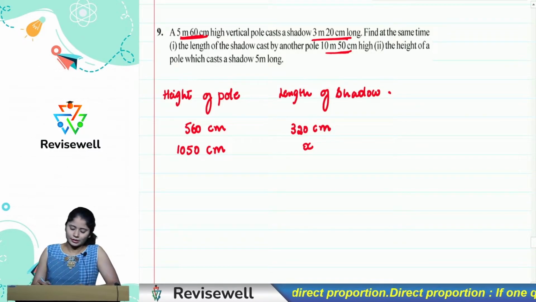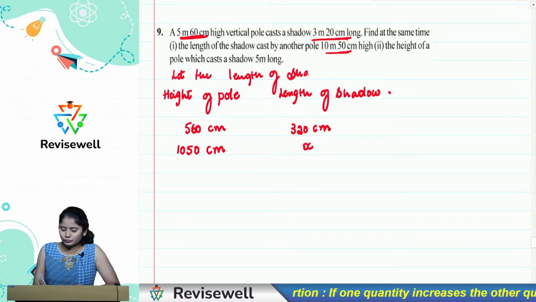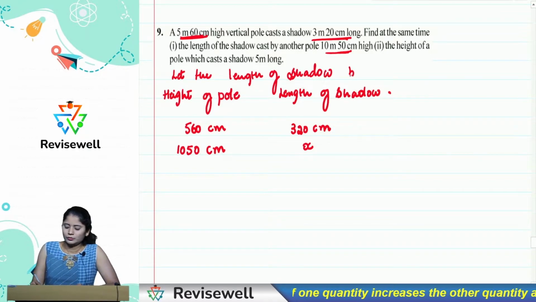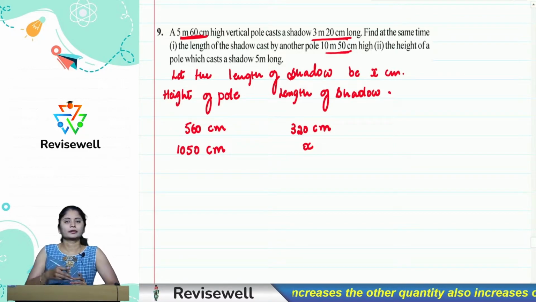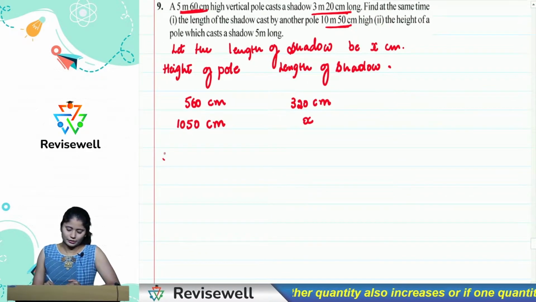We will take it as x. Let the length of the shadow be x centimeters. Since as one quantity increases, the other quantity will also increase, they are in direct proportion.